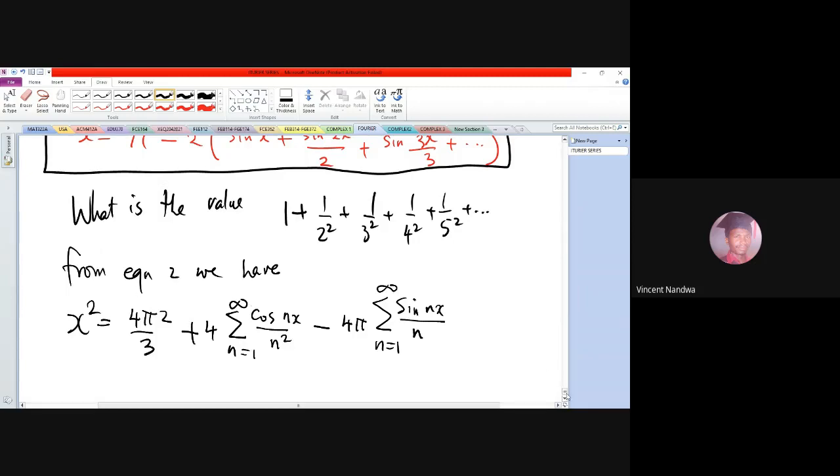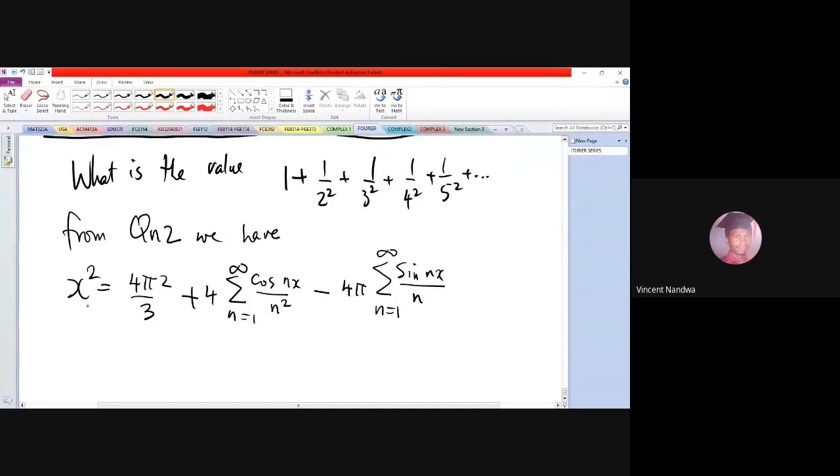And then from question 2. Now, question 3, we have obtained that x is given by pi minus 2 summation n from 1 of sine nx over n.